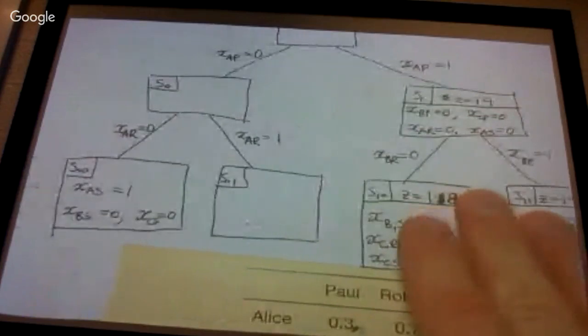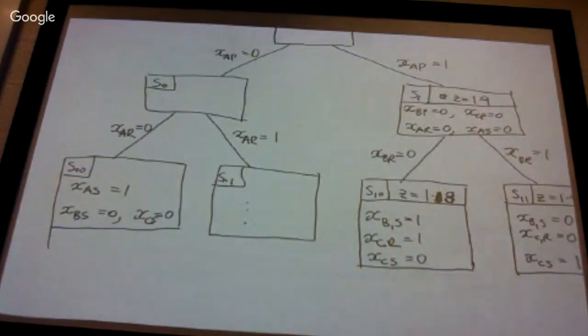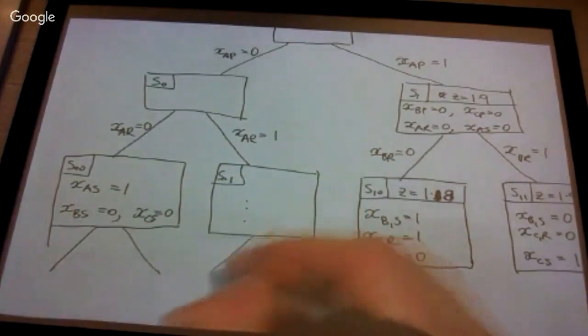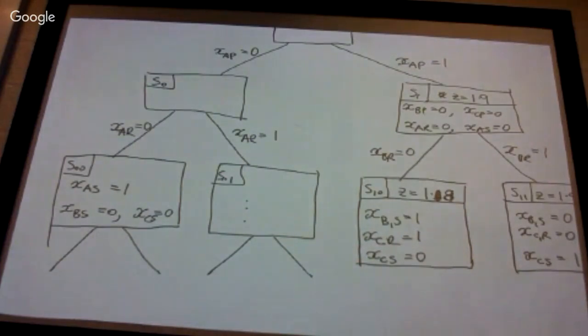Well, here on the left, none of them has been fully determined, so we still don't know what the values are. So we'd have to branch here and branch there again. And if we did it, then tentatively it will look like this.